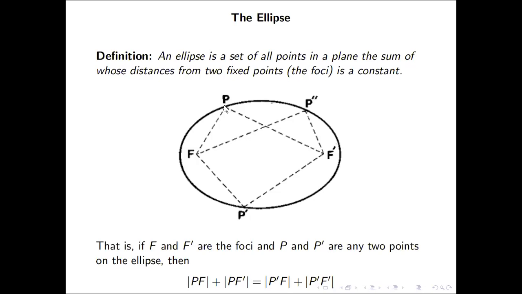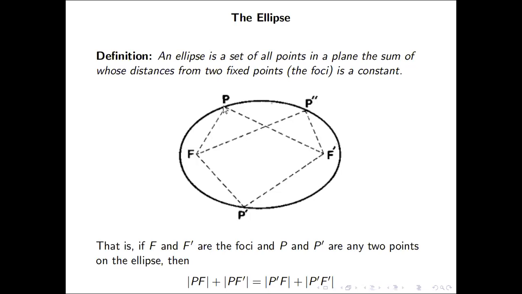So for example, if we take P and sum up the distances from the foci, we would have PF and PF prime. If we take P prime, that would be P prime F plus P prime F prime, and that would be a constant. In other words, the length of PF plus the length of PF prime equals P prime F plus P prime F prime.